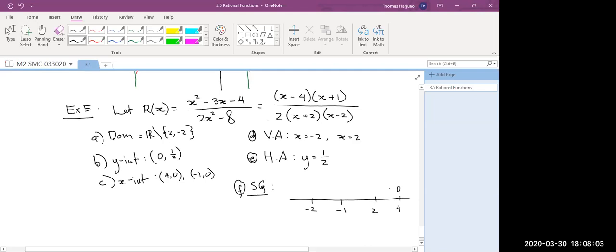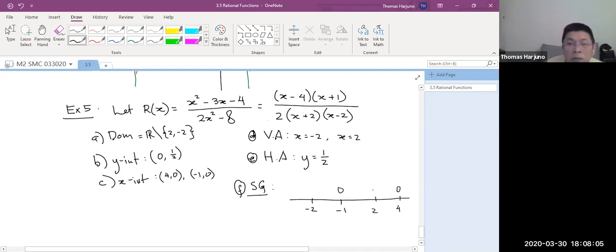This is 0 here, this is 0 here, undefined here, undefined here. The y-intercept is positive, so this is positive. All the zeros are simple zeros, multiplicity of 1. So every time I jump across the critical number, I change the sign.